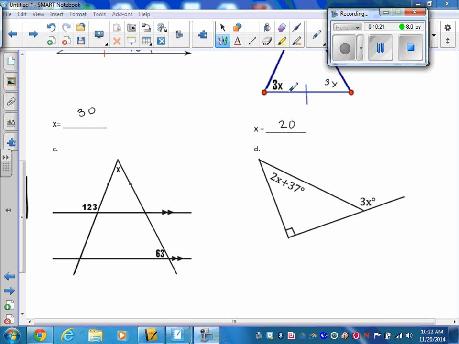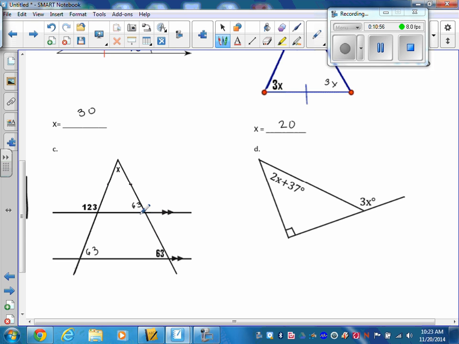Part C of this question. This triangle has two parallel lines, and here's a transversal, and here's a transversal. So this one is 63, and this one is 63.